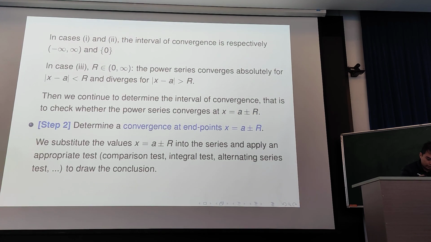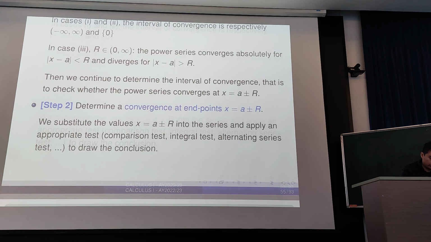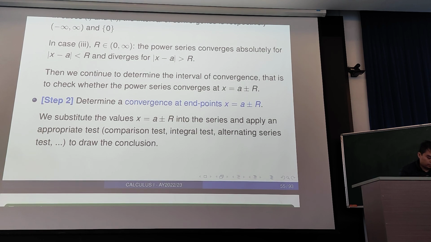Because as I said before, we have no conclusion about the convergence at the endpoints, where we have the absolute value of x minus a equal to R. We need to check it separately. That is the second step, determining the convergence at the endpoints.